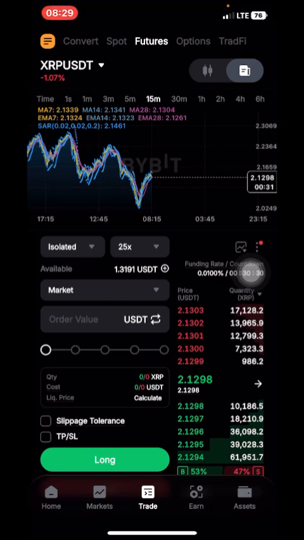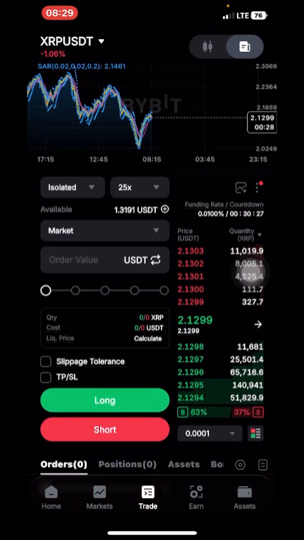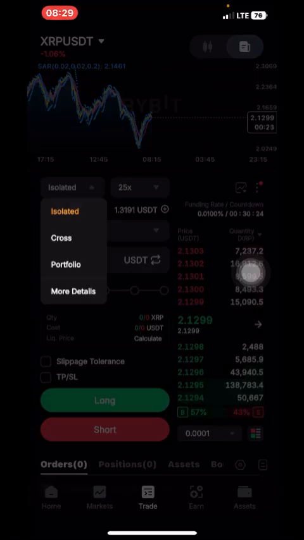Now the first thing you have to do is go to this place you see isolated. You click on it, understand, make sure it's on isolated. If it's on cross, and you are liquidated or anything happens to your account, it's also going to affect your other funds. For instance, you can put your funds in USDT via spot funding, then move it to futures.